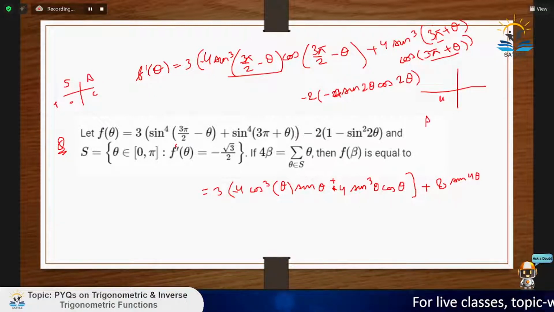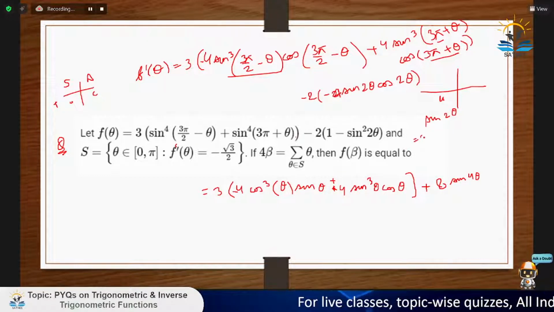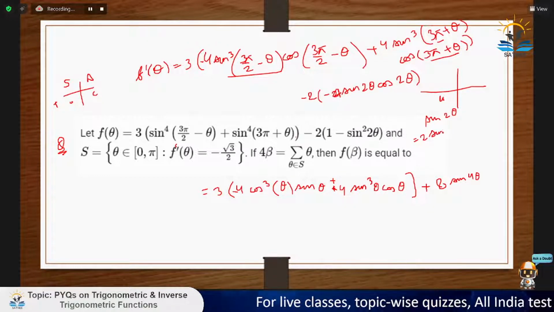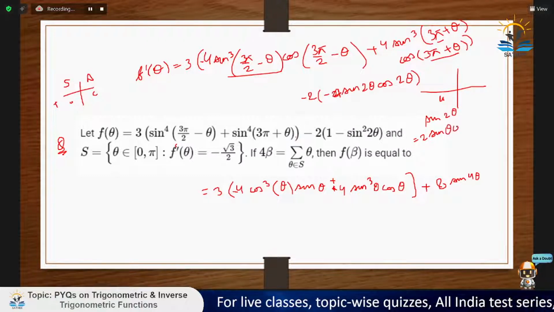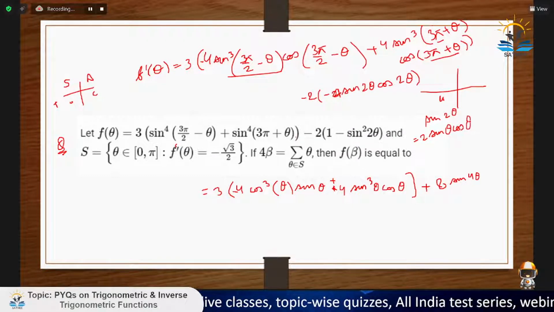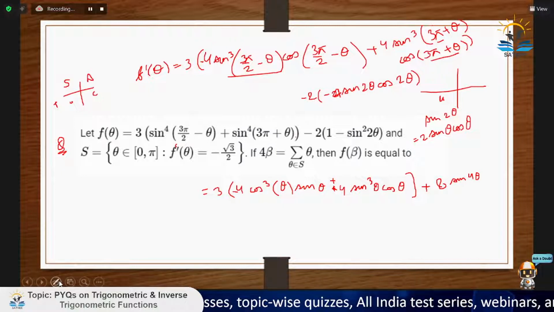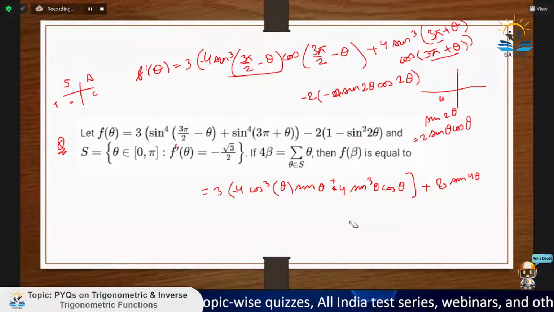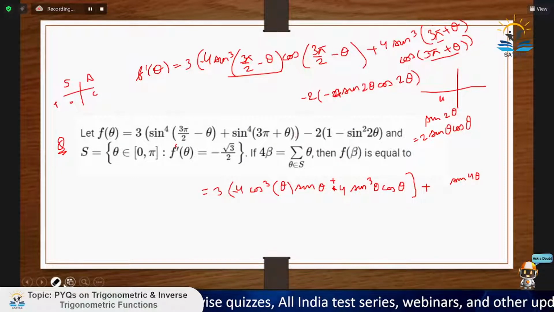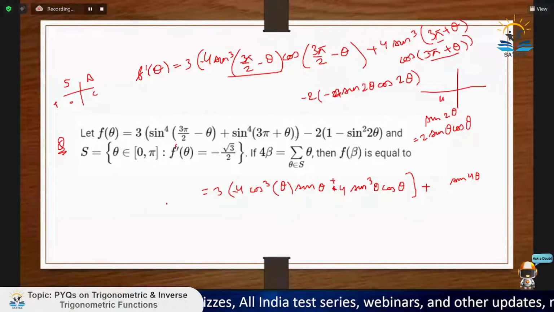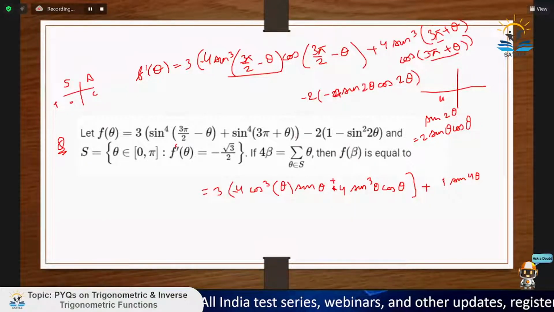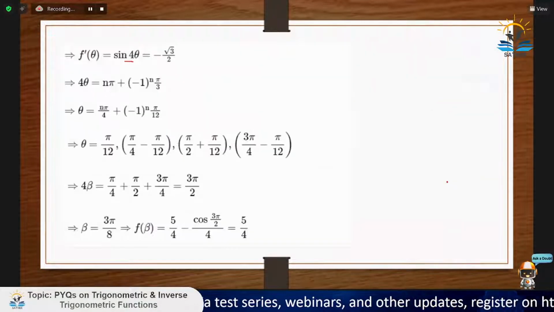Basically, I'm using this formula: sine of 2 theta is equal to 2 sine theta cos theta. So by using this formula, I would be getting 4 times sine 4 theta.